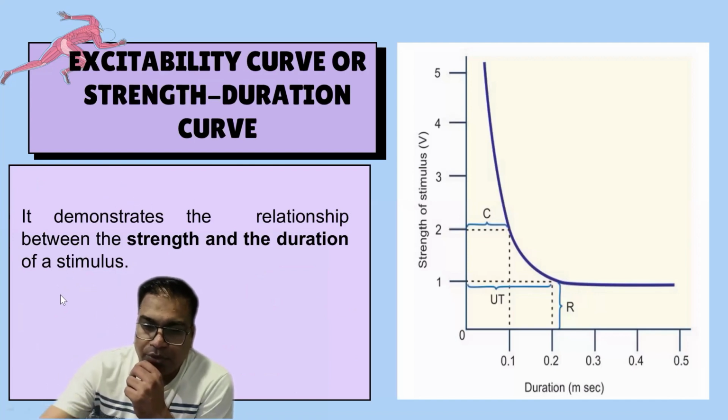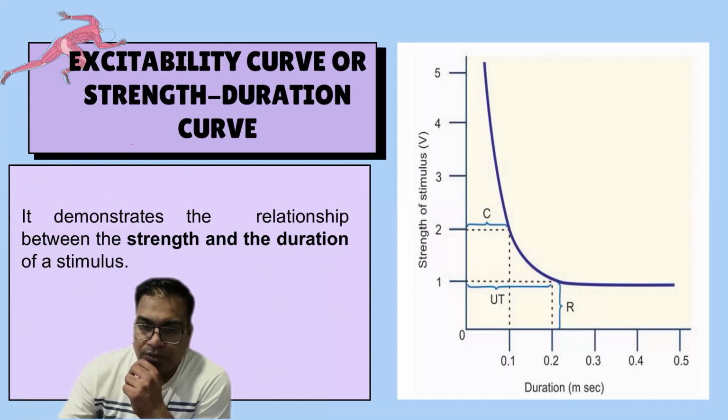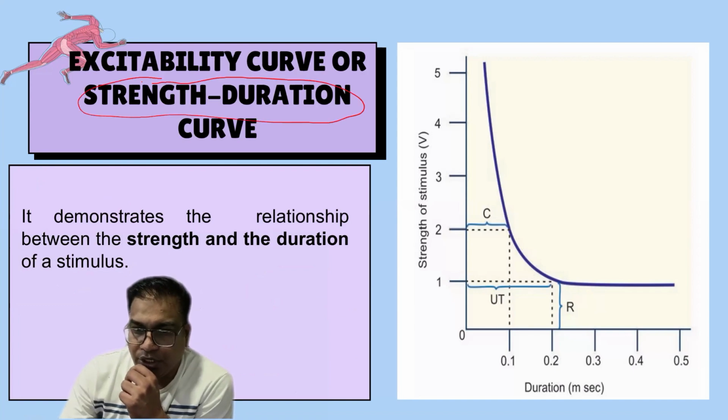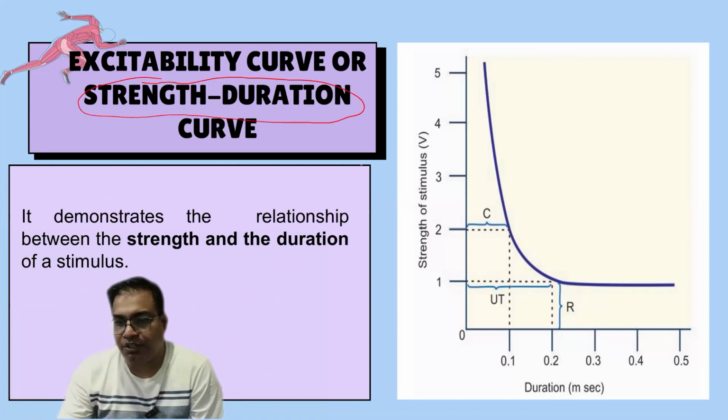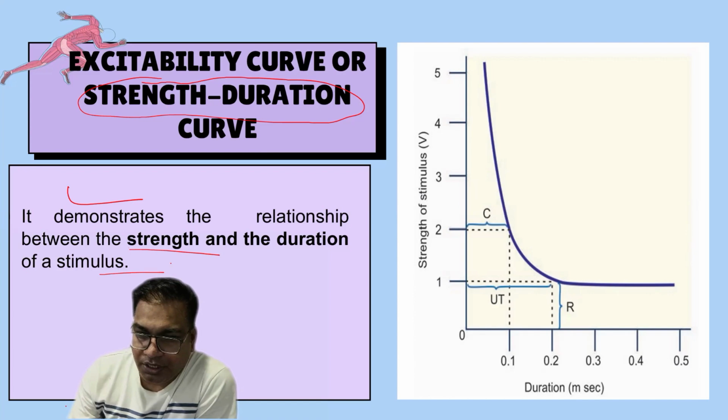Now we'll discuss a specific curve which is present between these two properties, strength and duration. This is the strength duration curve. It demonstrates the relationship between strength and duration.